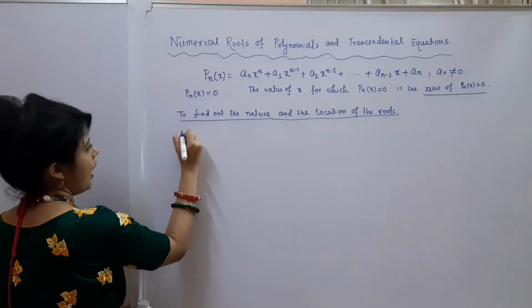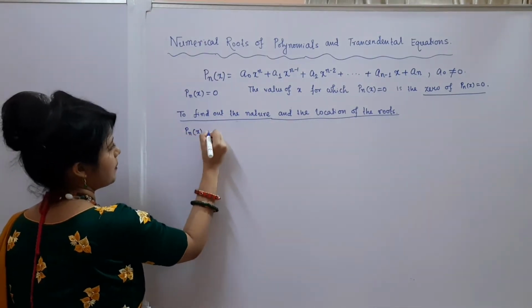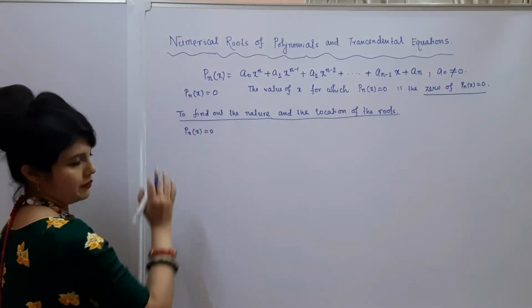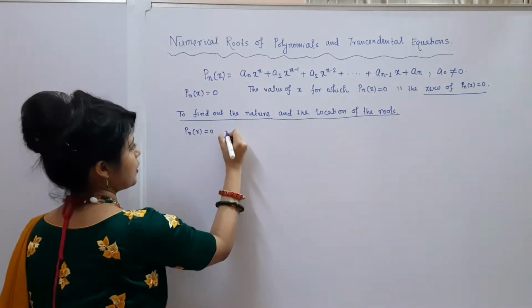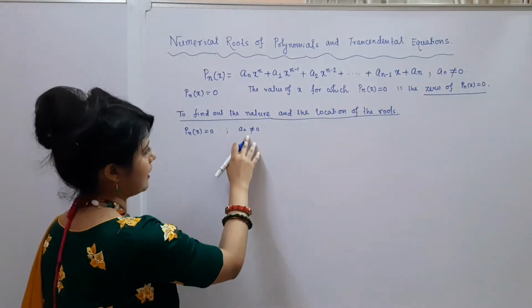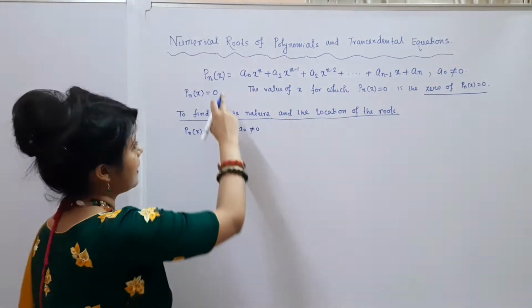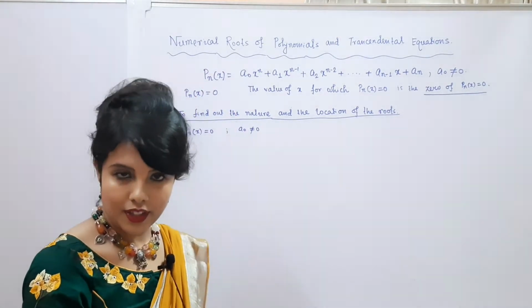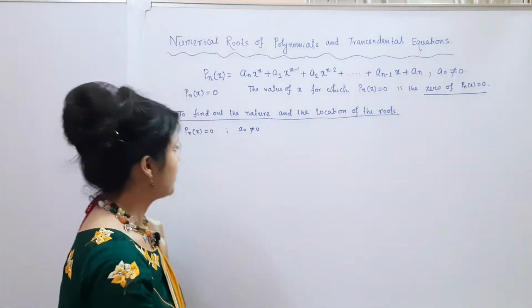So first of all, I am considering the polynomial Pn(x) = 0. This is an nth degree polynomial, and obviously a0 is not equal to 0. This condition is confirming that the degree of this polynomial is n, okay.